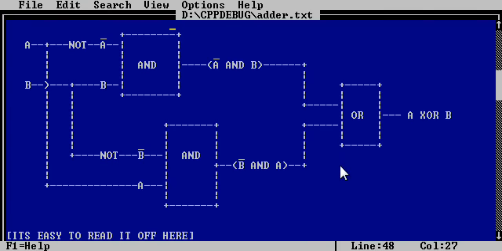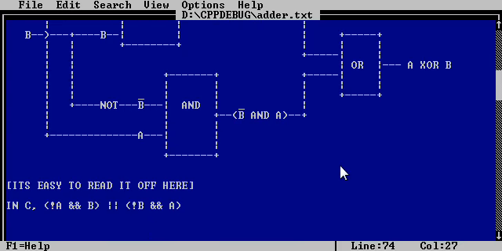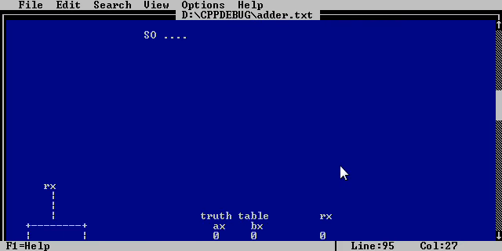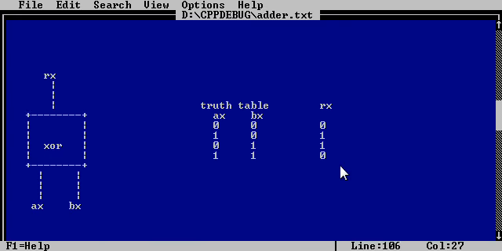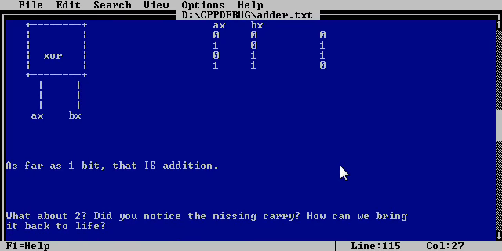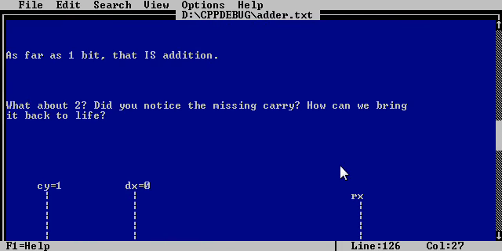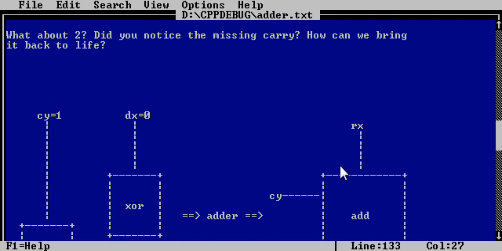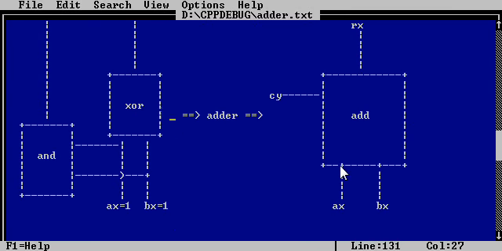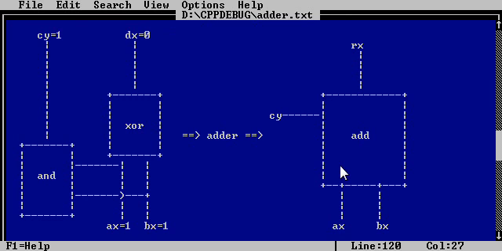We'll have a look at it for a while. Beautiful thing. Alright, how can we make an adder? This is my little adder.